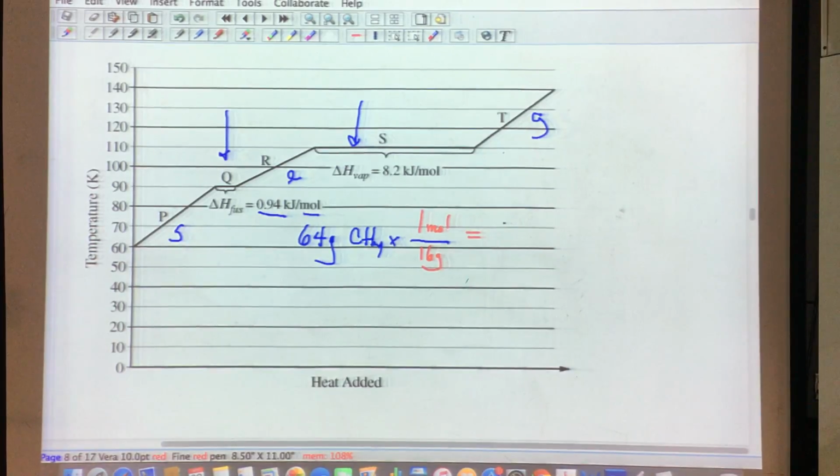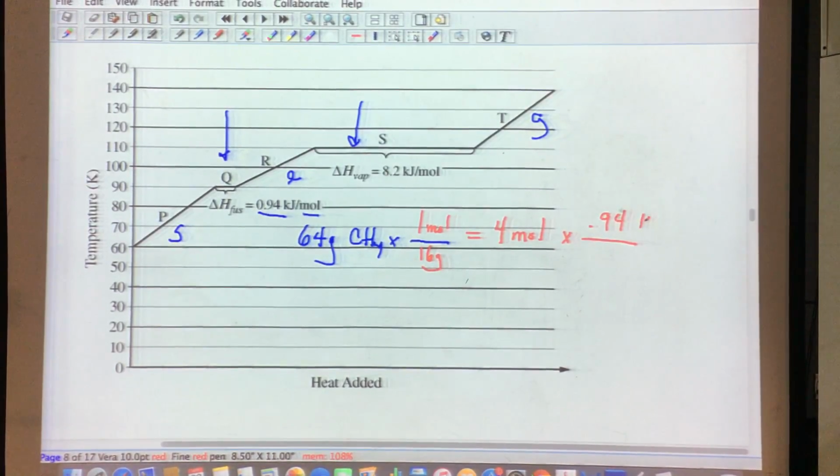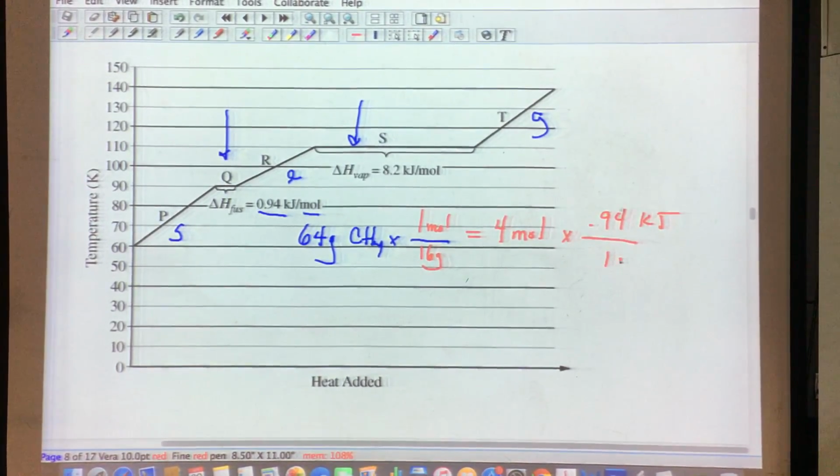So we've got 4 moles. The number is 0.94 kilojoules per 1 mole.